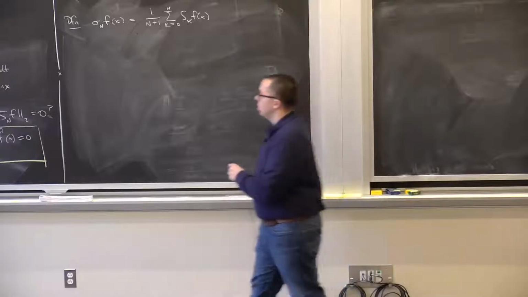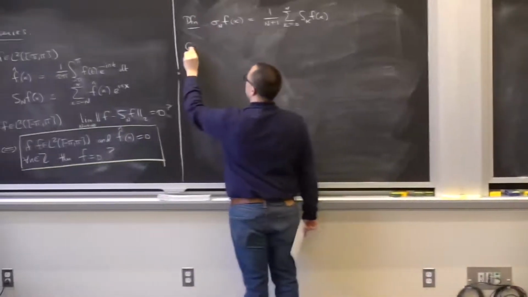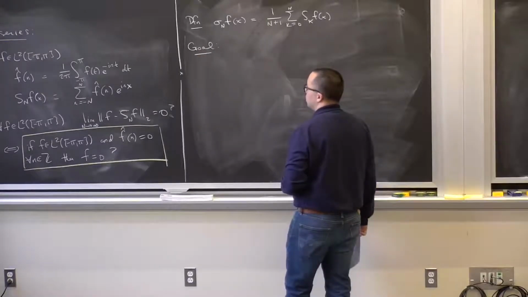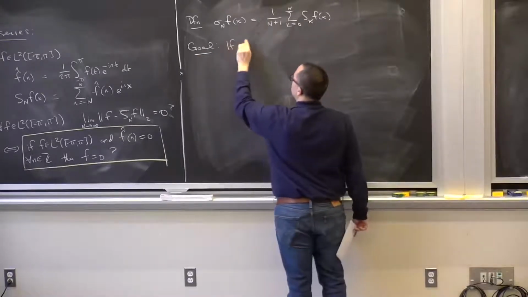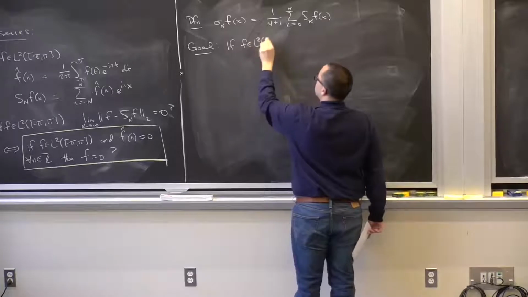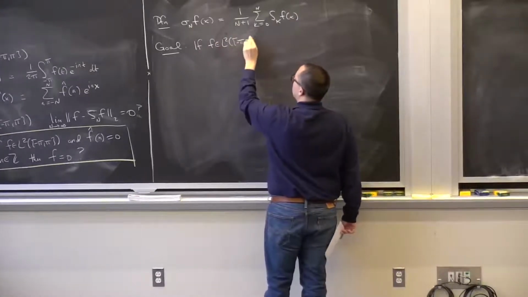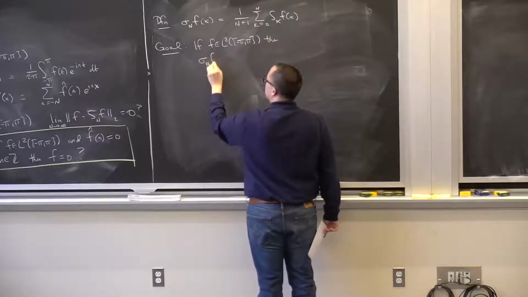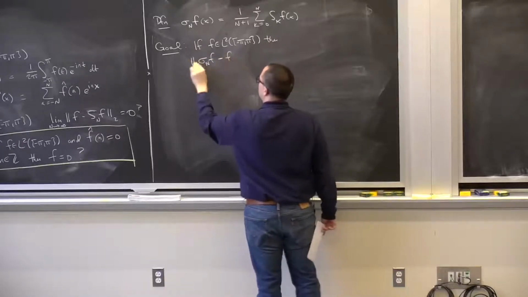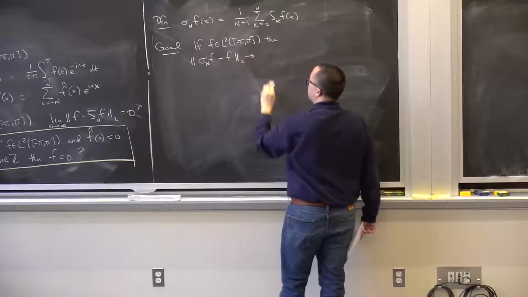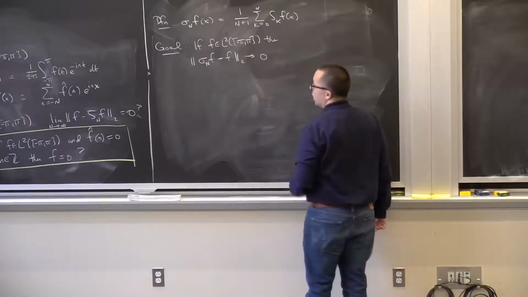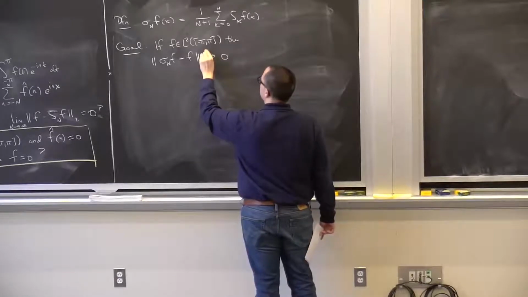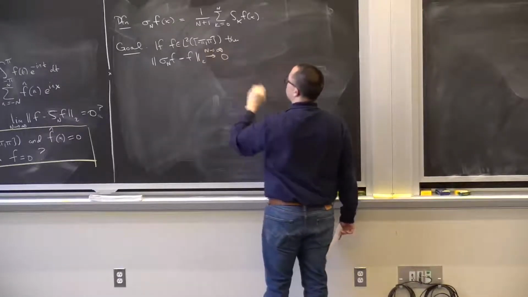And so what we're going to show is that if f is in L2, then the Cesaro Fourier means converge to f as N goes to infinity.